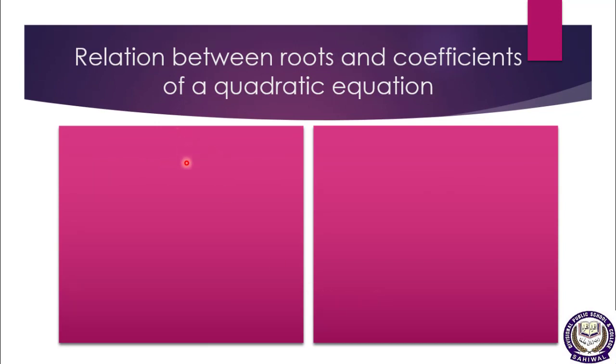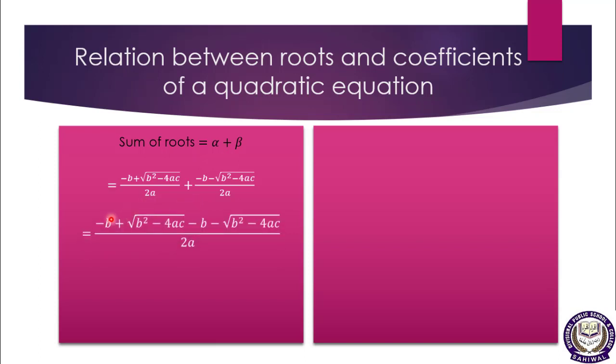The relationship between roots and the coefficients of the quadratic equation can be explained by the sum and the product. So the sum of roots, alpha plus beta, is equal to, we put the value of alpha and the value of beta. On taking the LCM, we get minus b plus square root of b square minus 4ac minus b minus square root of b square minus 4ac over 2a.